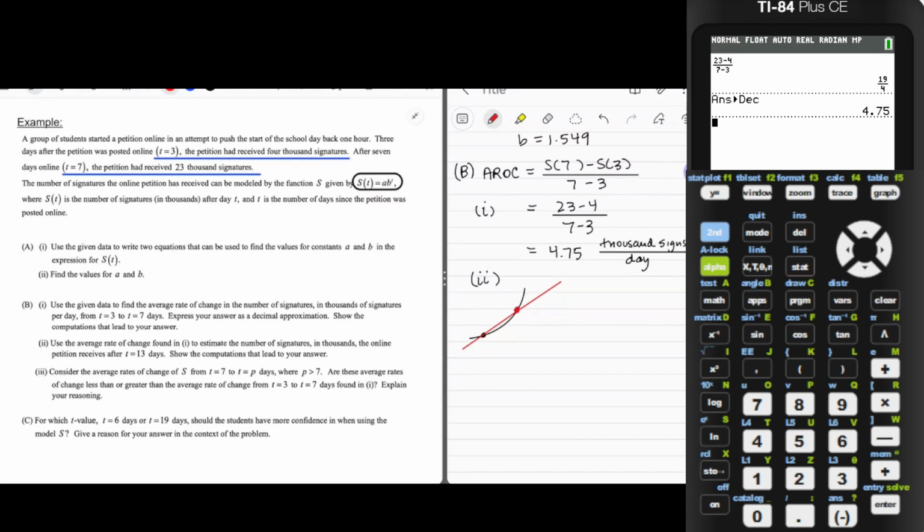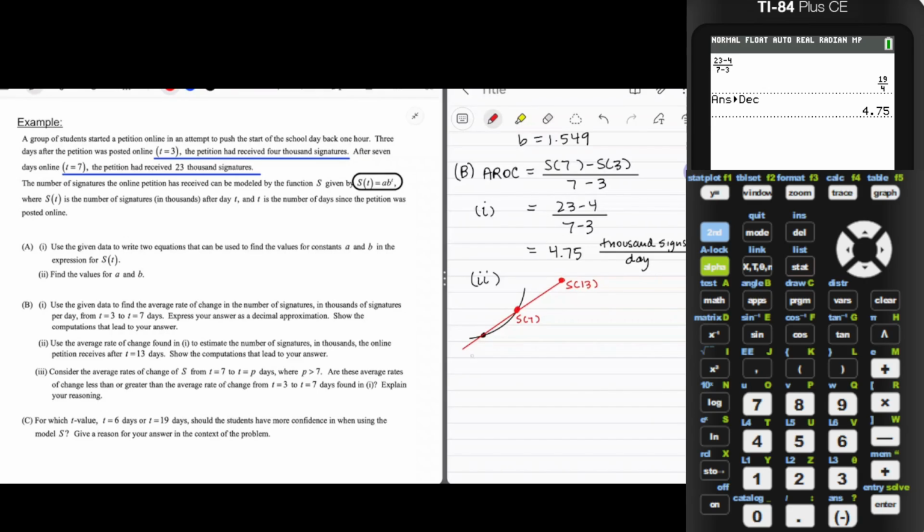And that's pretty much what we're going to be doing. So right here, we have S of 7. We've got an average rate of change, and so our predicted value for S of 13, well, we just say it's going to be approximately equal to, and you can barely see that on screen, I know, so I'm going to take that off to the side.